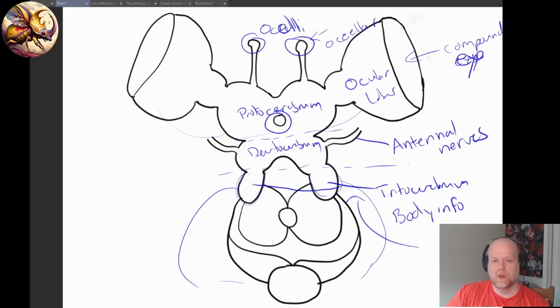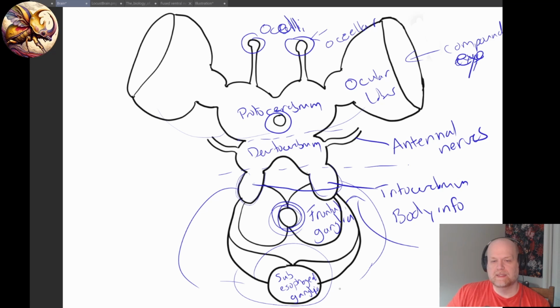Below the tritocerebrum, you have 2 other ganglionic masses. This is the frontal ganglia, and this smaller ganglia down here controls large parts of the digestive system. And then below that is the subesophageal ganglia.